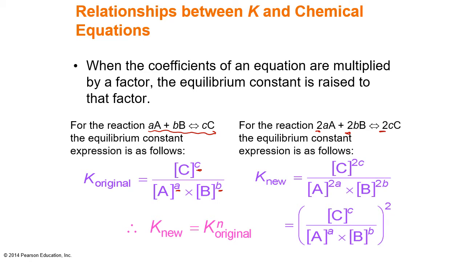That means that our new equilibrium constant expression is going to be 2 times our original coefficient. So essentially, we're raising the entire equilibrium constant expression to whatever our multiplication factor is. So it's going to be our original equilibrium constant raised to the multiplication factor. So in our generic case, it would be N.